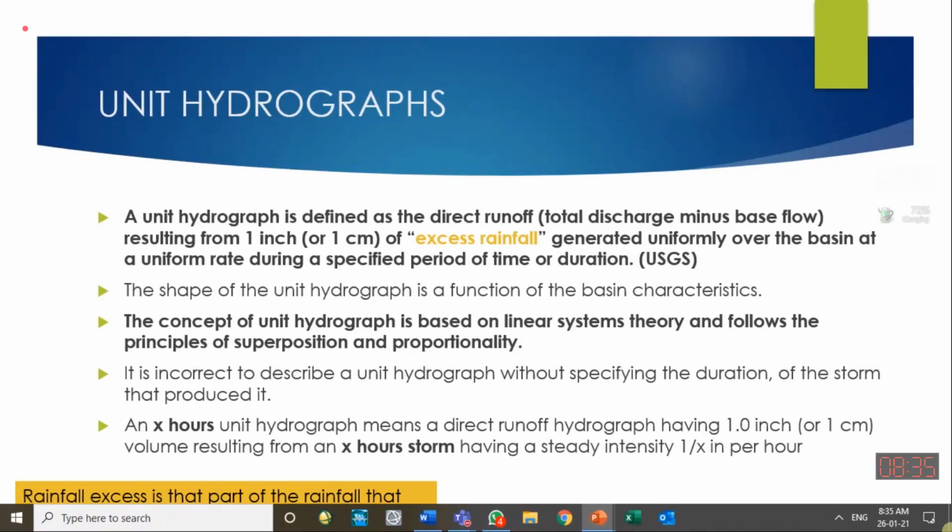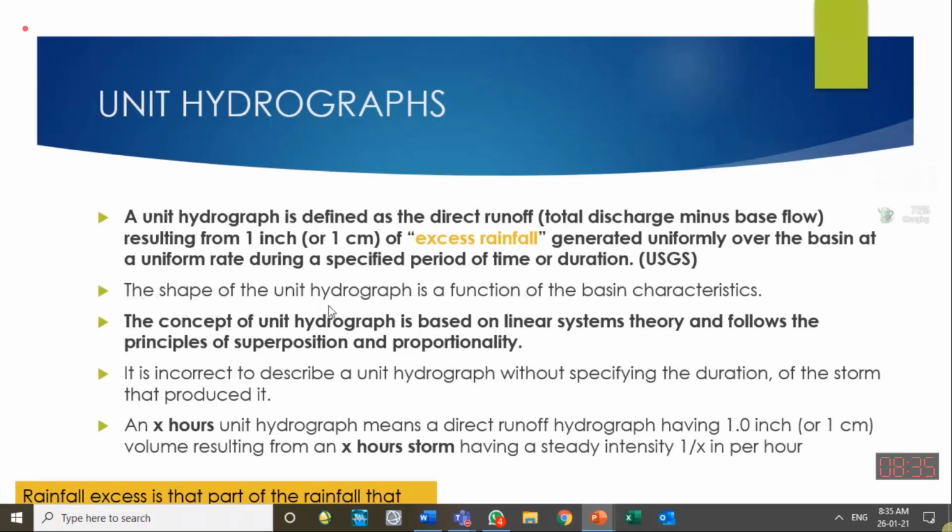We assume that this rainfall occurs uniformly over the whole basin, because we know hydrographs change if the storm duration is different, if the storm is not covering the whole area, or if the storm intensity is different. So these are specifying constraints or conditions which are necessary to designate that this is a unit hydrograph.